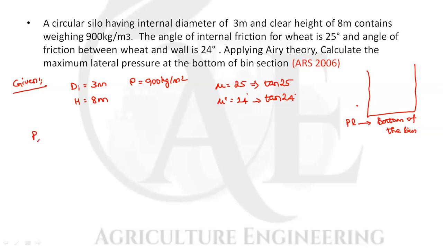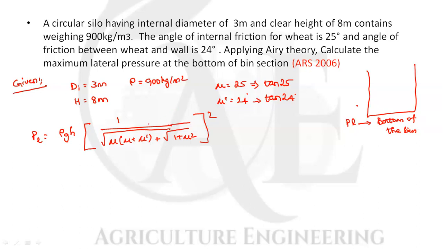P lateral pressure is equal to rho g h times 1 divided by root of mu into mu plus mu dash, plus 1 plus mu square, the whole square.